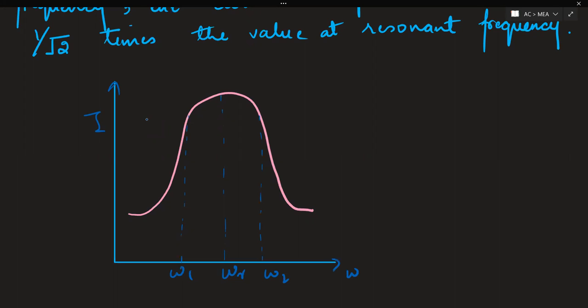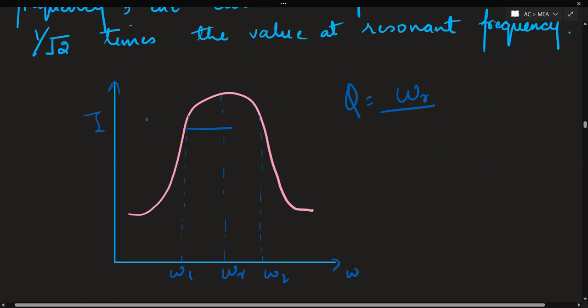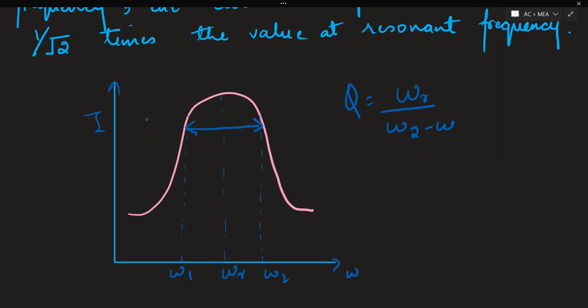Q factor is what? This is omega r divided by this difference of the frequency, which is omega 2 minus omega 1. This separation that we get, we call the bandwidth.